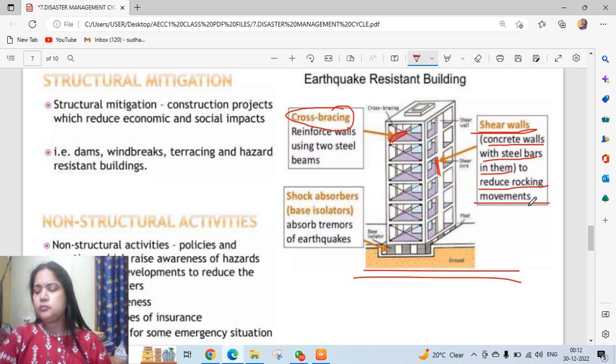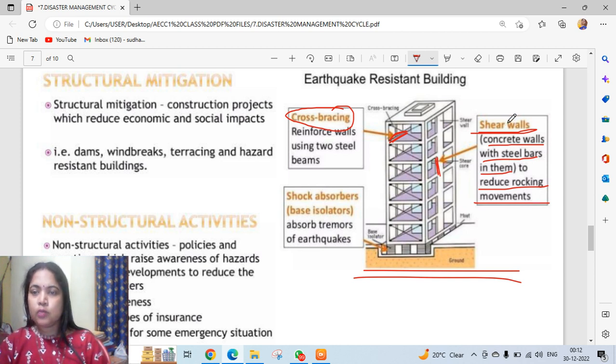Okay, means when earthquake will occur, it will just try to shake your buildings. So if shear walls will be formed, means in between the concrete wall, the steel bars will be used, then the shaking will be reduced or less, so that it will put less impact on the buildings.